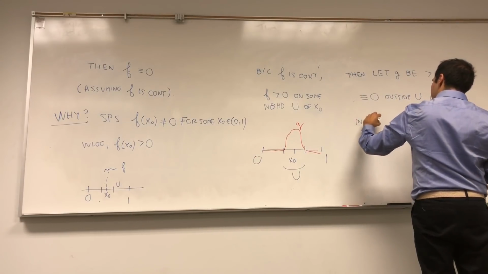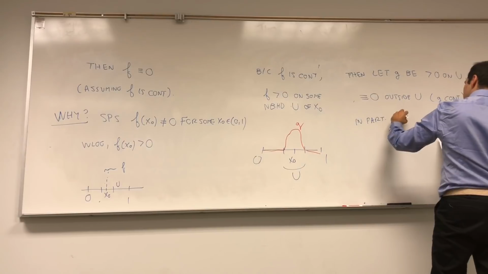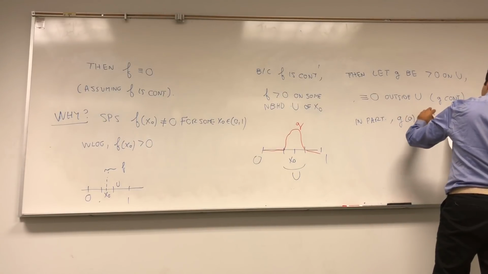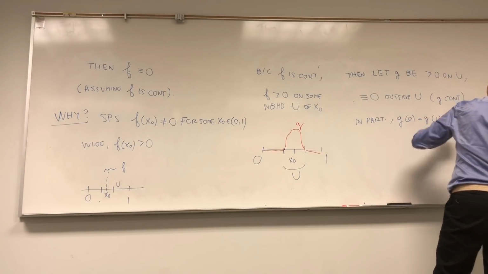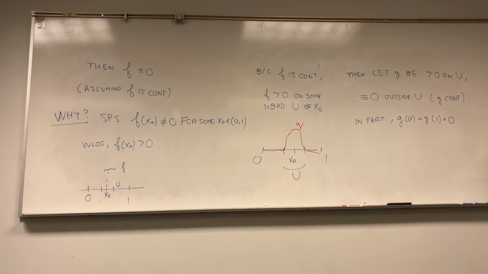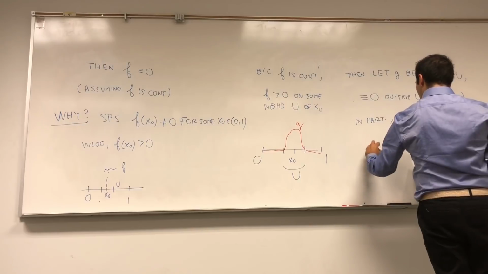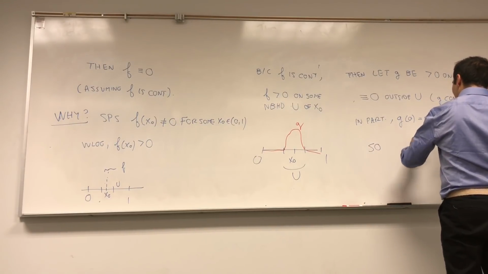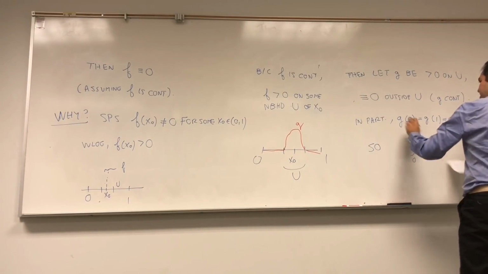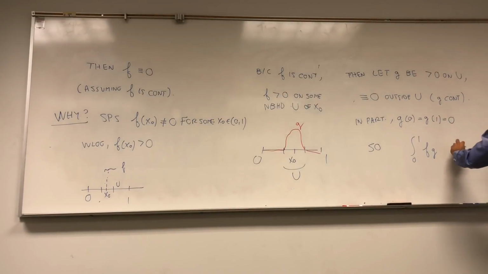In particular, g of 0 equals g of 1 equals 0. So, g is a very good test function that we can use. So, on the one hand, because g satisfies those properties, we know by assumption the integral equals 0.